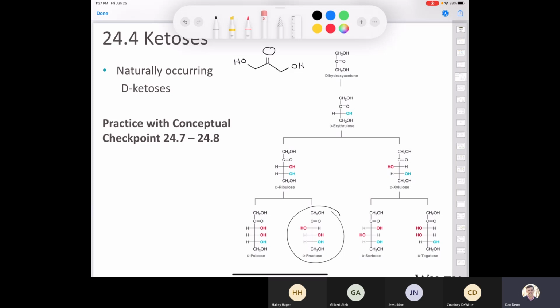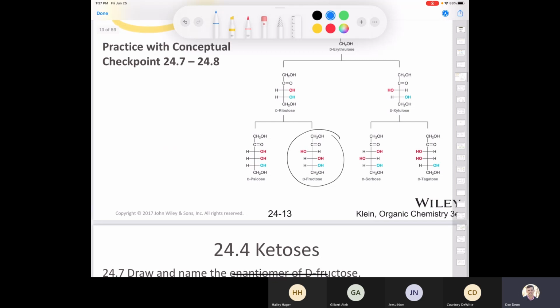There are L-ketoses, but those are unnatural, and we would probably form those in a lab if we needed them. Just as an aside, the naturally occurring ketoses and aldoses are all D, okay? Well, later on, we're going to look at amino acids, and the naturally occurring amino acids are L amino acids, which is a little frustrating, but things can be like that in science sometimes.